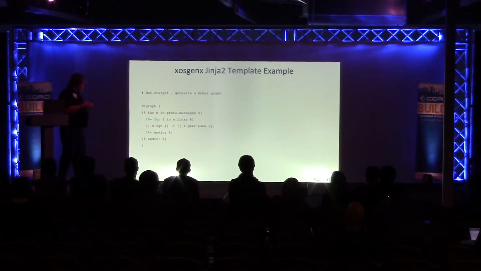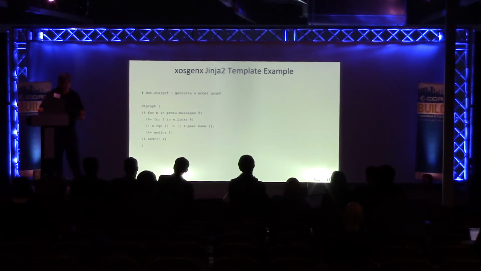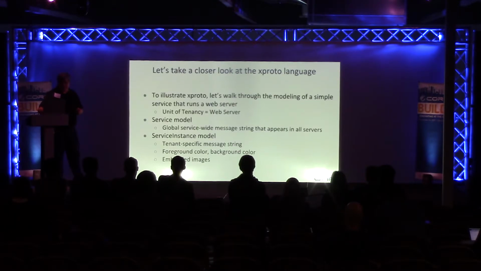And you can imagine this generates a large graph file that you could visualize in a graph tool that would show you how models link together. That's just an example of an X target file. There's many other X target files that you can look through.